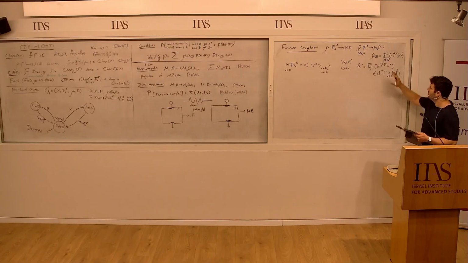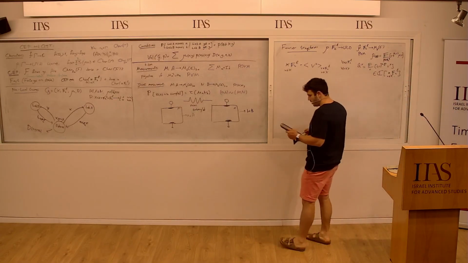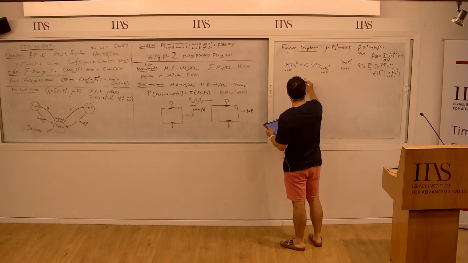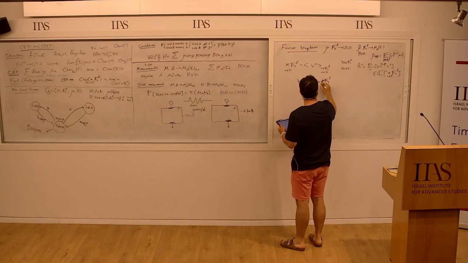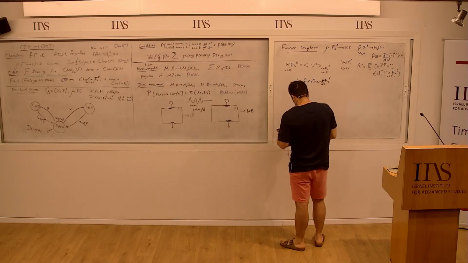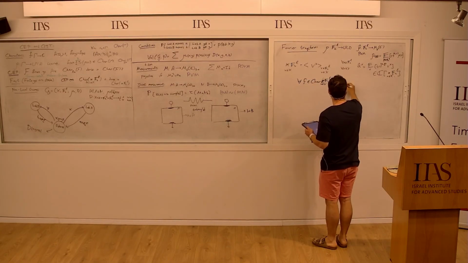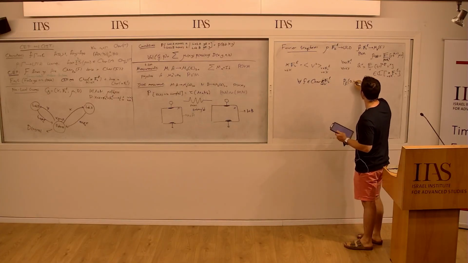But that's okay, right? We have this notion. So from now on, for every character f of the free product of F2 to the L, x many times, I will just denote by P of f the correlation.